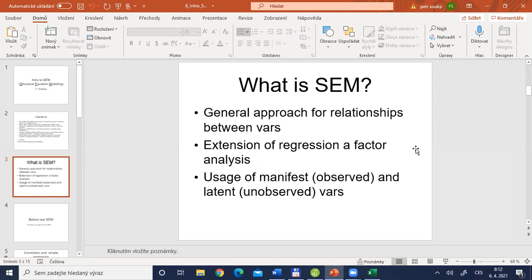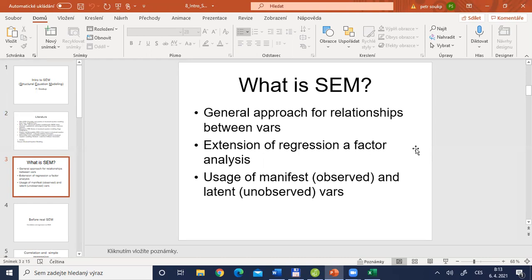So structural equation modeling could be called a general approach for relationships between variables. And it doesn't matter whether our variables are binary, nominal, ordinal, or cardinal. All these can be treated via structural equation modeling and, of course, appropriate estimation techniques.